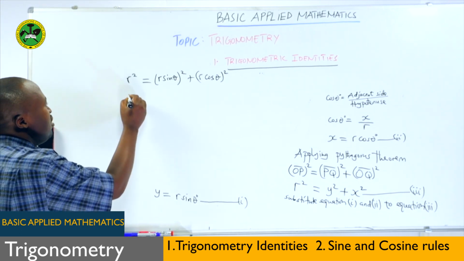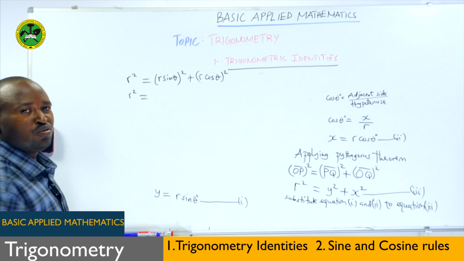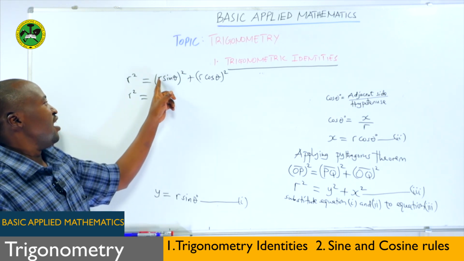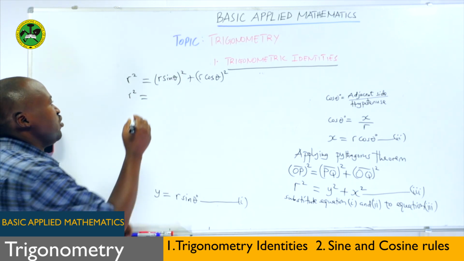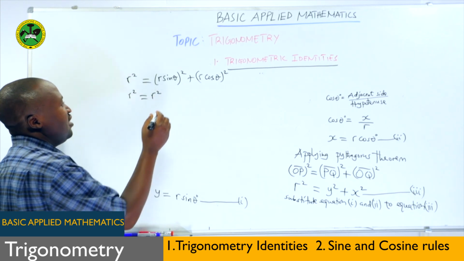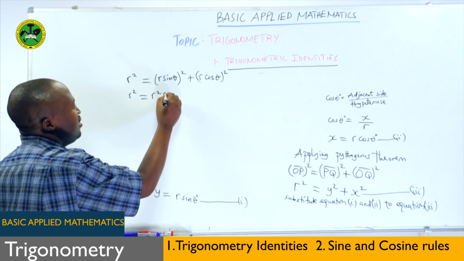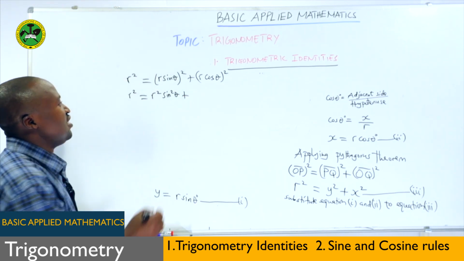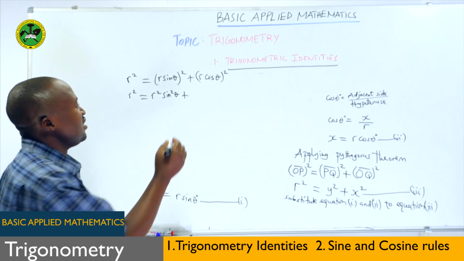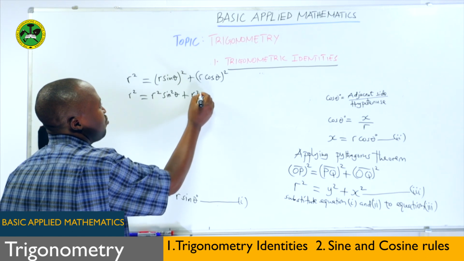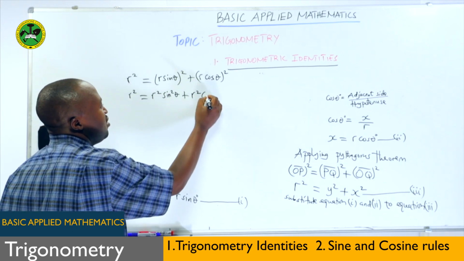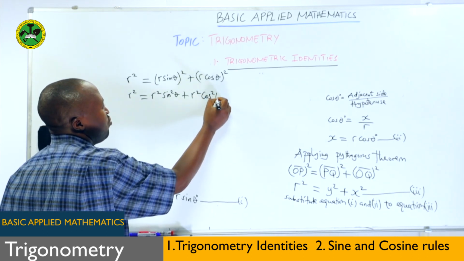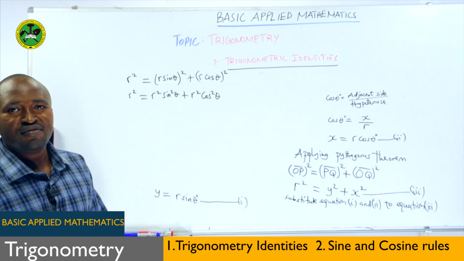Now we have r squared equals r squared sine squared theta plus, again you open up the bracket, r squared cos squared theta.